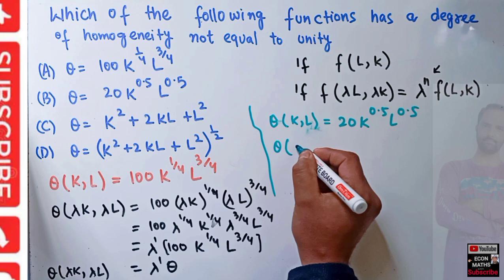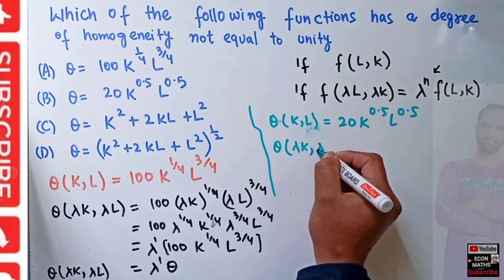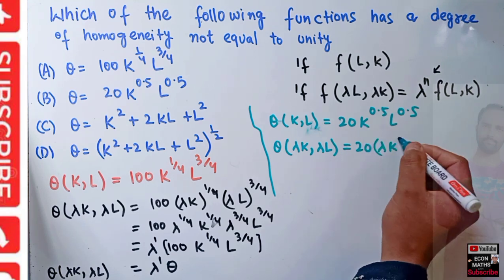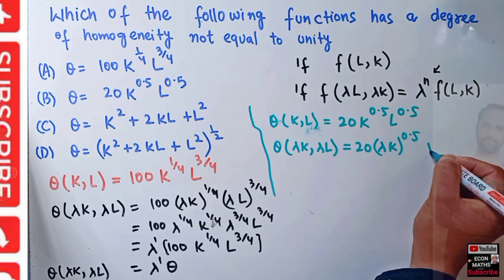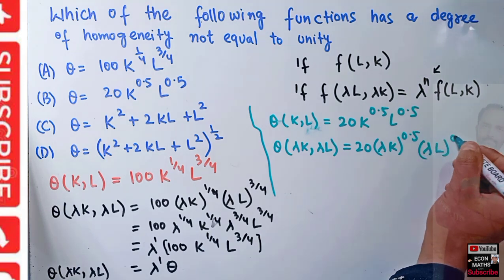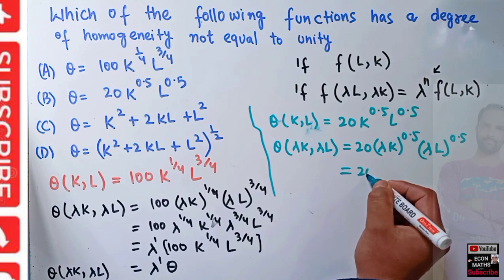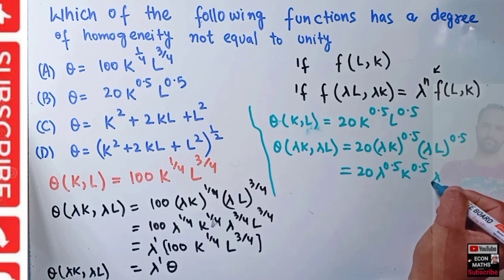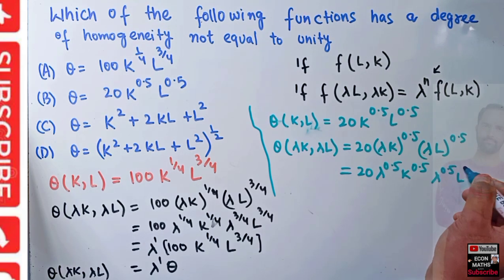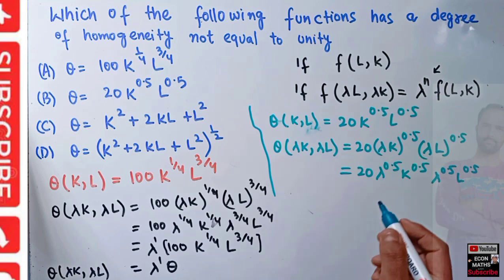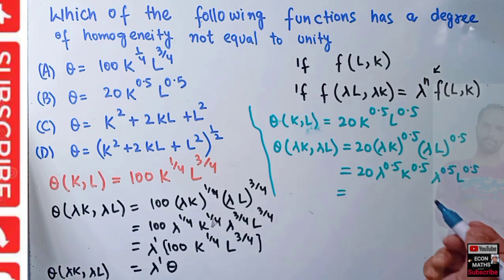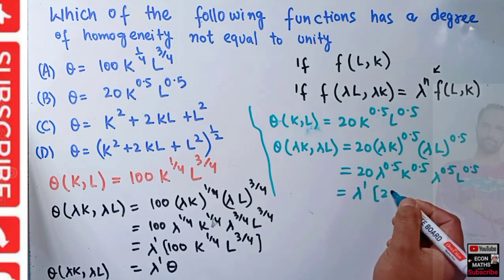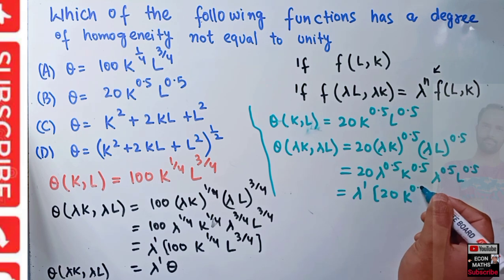So we have Q(lambda K, lambda L) equal to 20 (lambda K)^0.5 (lambda L)^0.5. Here you can also see it becomes 20 lambda^0.5 K^0.5 lambda^0.5 L^0.5. Again, the bases are the same, so we can add up the exponents. The exponents add up to 1, so we get lambda^1 times 20 K^0.5 L^0.5.